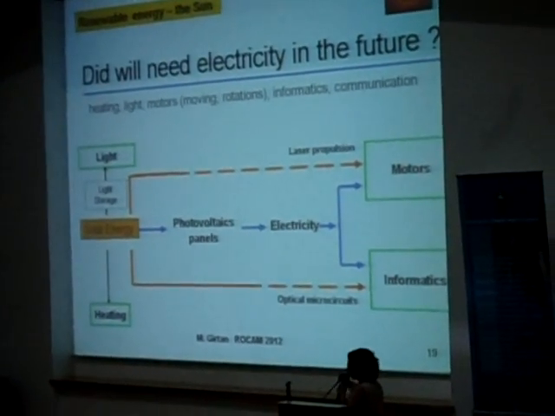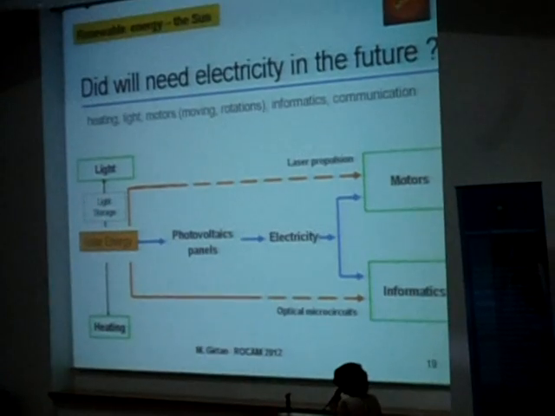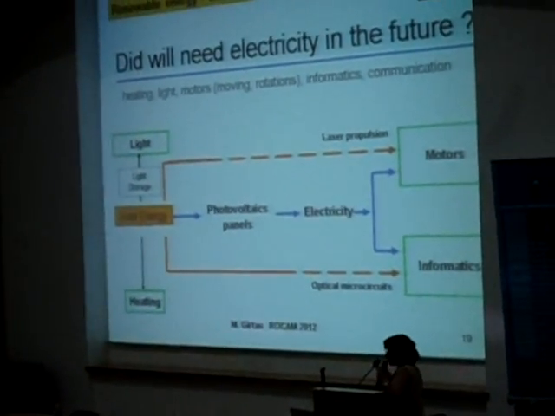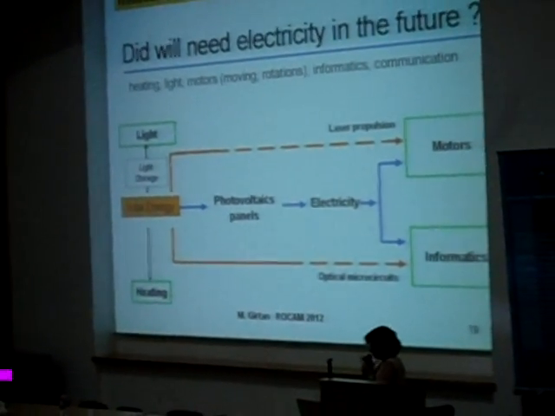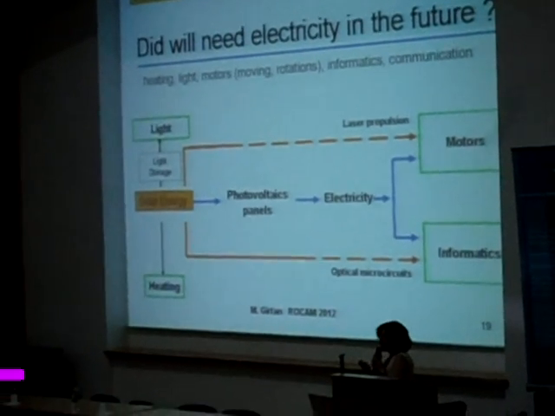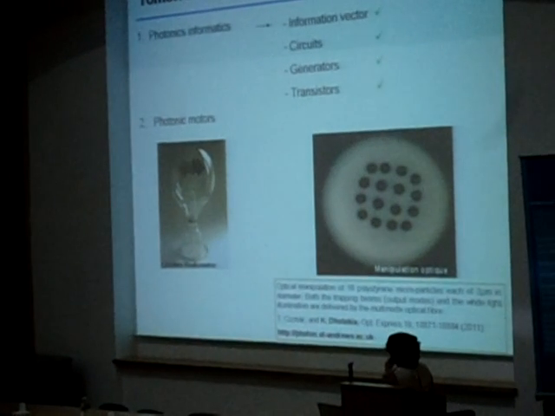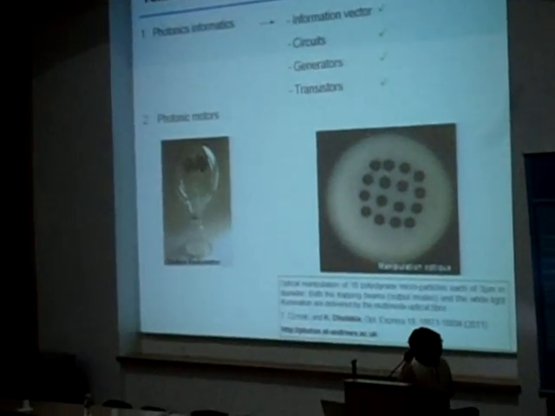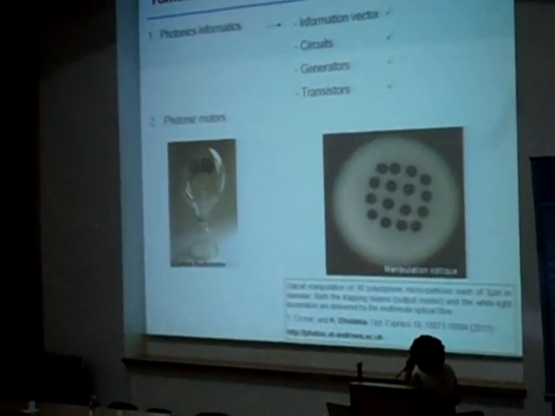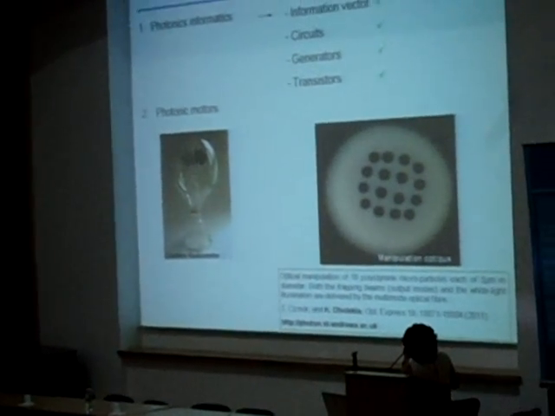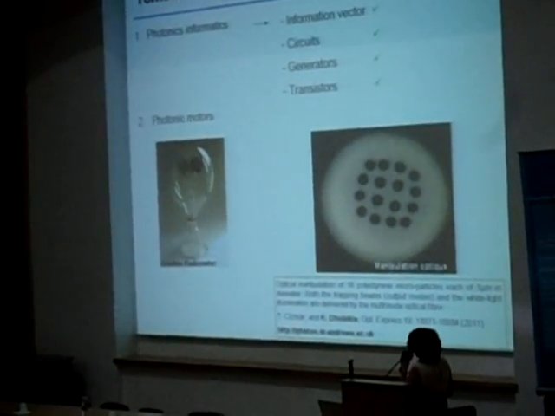If we can also create motors using light, that means maybe in the far future we don't need to pass through electricity. So the biggest challenge for tomorrow will be to realize photonic informatics through these different steps I presented before.